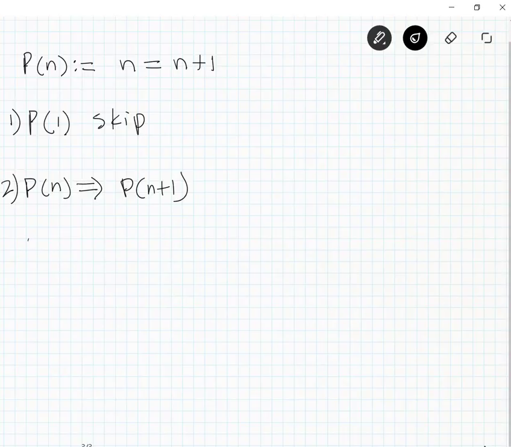So P of n is the statement that n is equal to n plus 1.